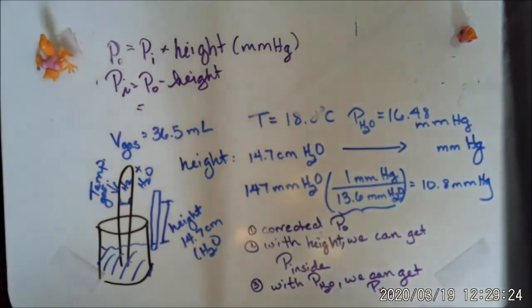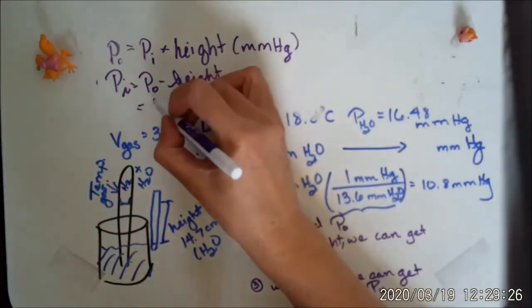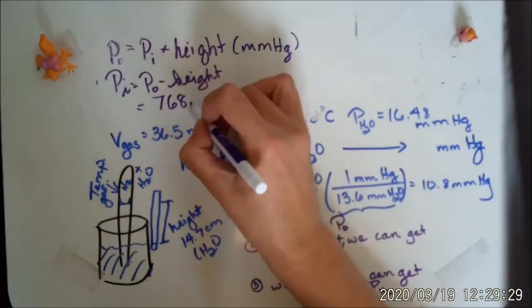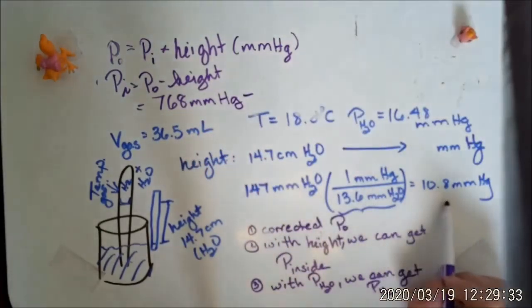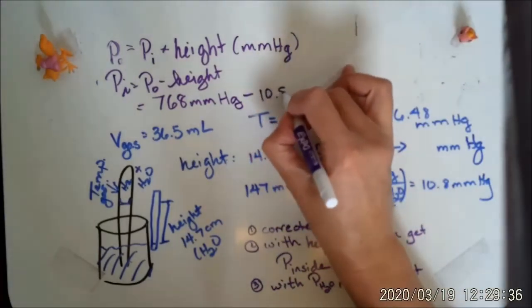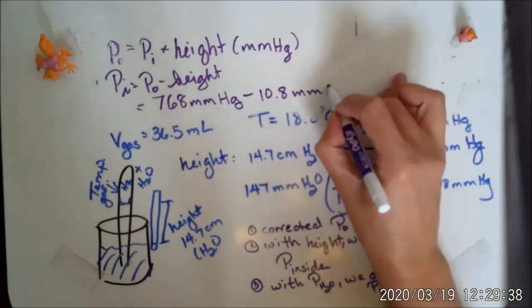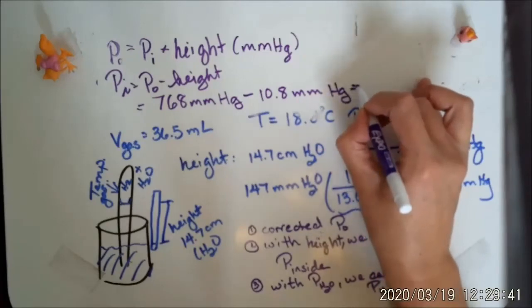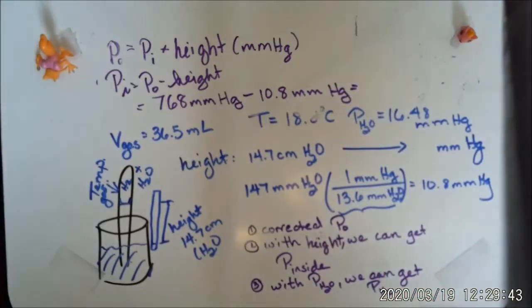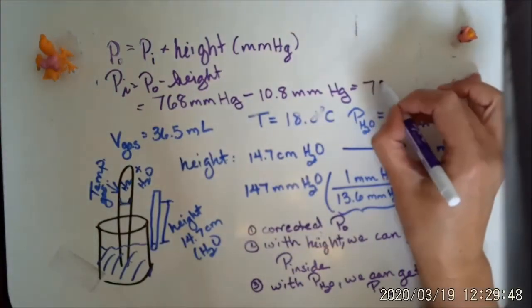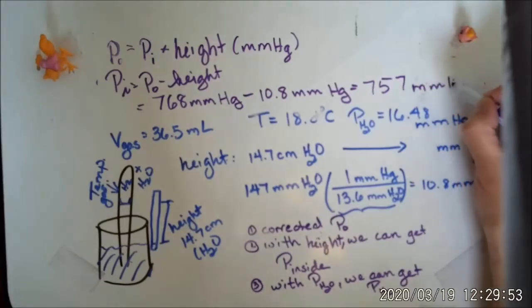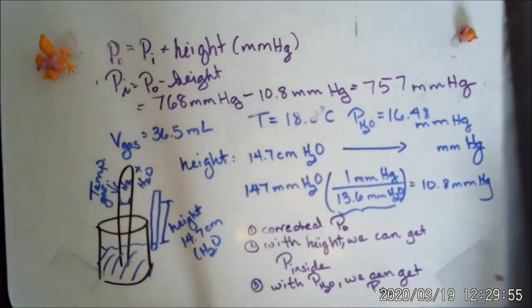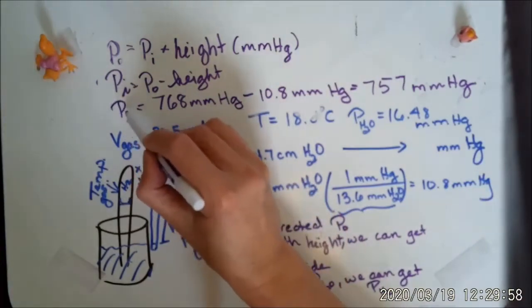And we said it was 768 millimeters mercury minus 10.8 millimeters mercury. And that's going to be equal to 757 millimeters mercury. Okay, so now we know the pressure inside.